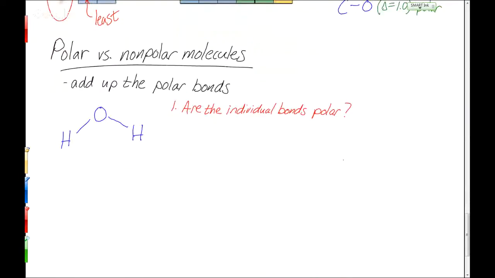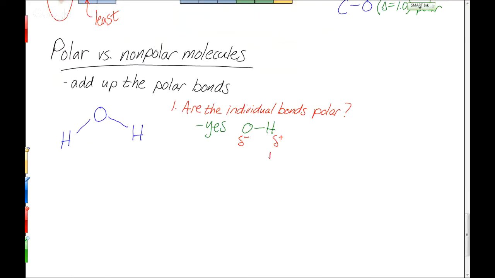Okay, so the individual bonds are polar. Yes. You have OH bonds that are polar. The electrons are pulled toward the oxygen. So that means we get a little bit negative on the oxygen and a little bit positive over on the hydrogen. We can express that as a vector, which is just a value that also has a direction.